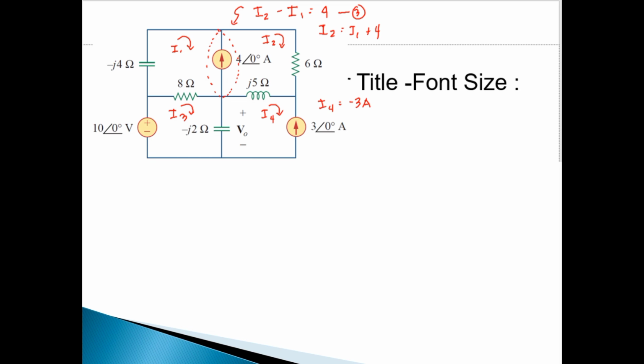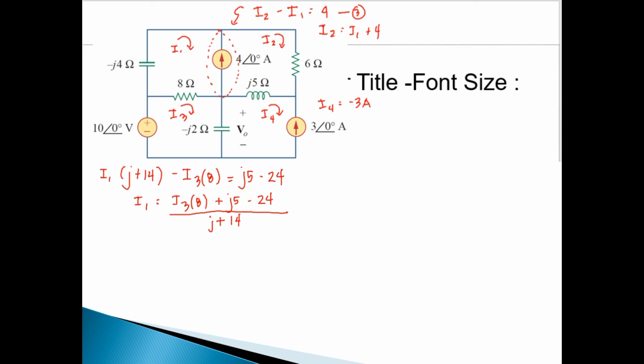So going back to the second equation, I1 times j plus 14 minus I3 times 8 equal to j5 minus 24. So I1 is equal to I3 times 8 plus j5 minus 24, all over j plus 14.